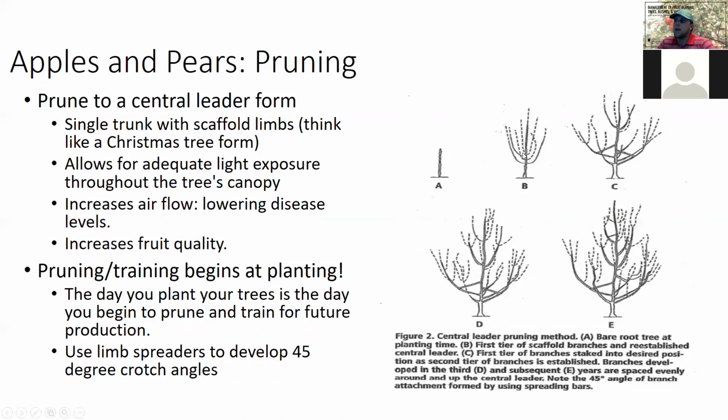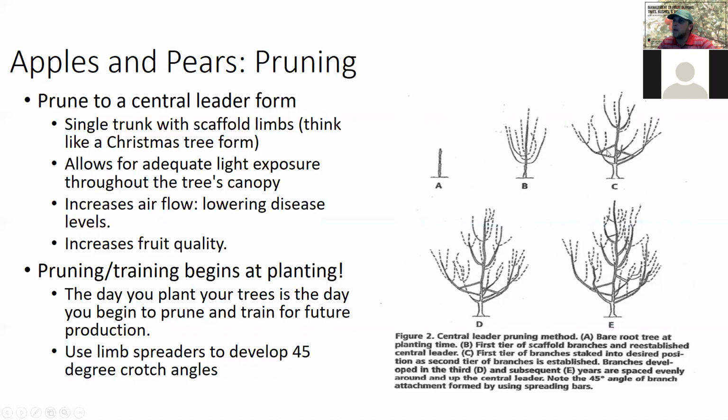So you see over time here, these checkered marks would be the ones that were removed. So this would be your main central leader, and then you might leave one here, here, here, and maybe there's one on the other side there that you leave. Those are going to be your main limbs.